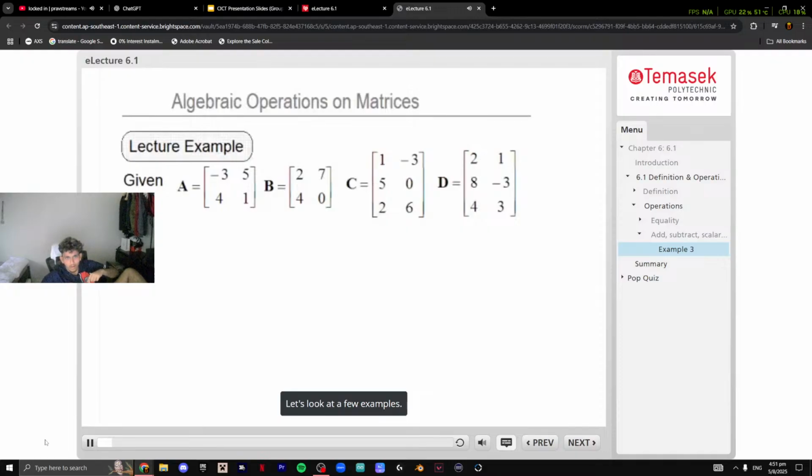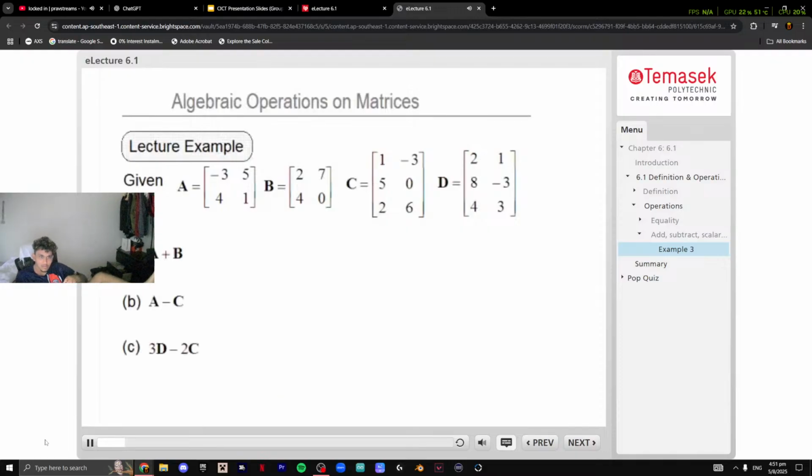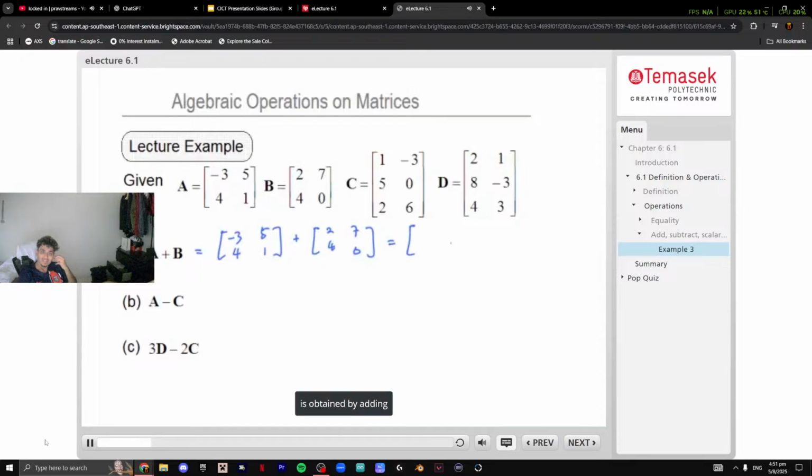Let's look at a few examples. A plus B is obtained by adding corresponding entries, for example, negative 3 plus 2, giving negative 1, 4 plus 4 is 8, 5 plus 7 is 12, and finally 1 plus 0 is 1. How about A minus C?